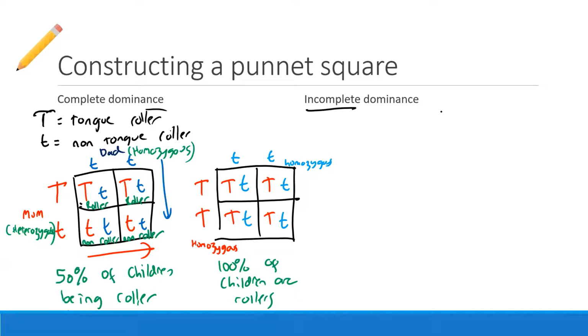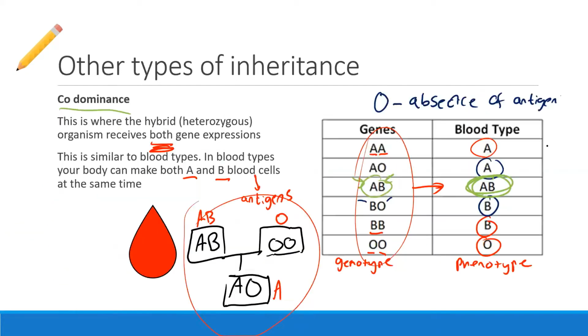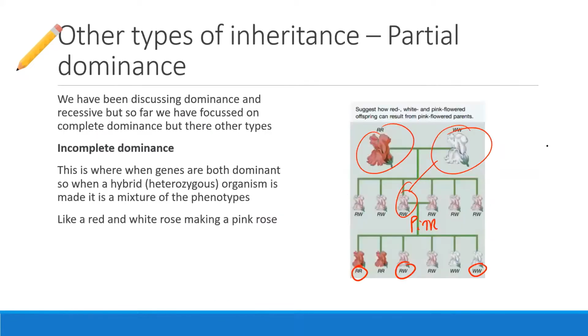We're going to look at, for the incomplete, R, and we're going to look at the red and white flowers again. R is going to be for red flowers, and W is going to be for white flowers. I'm going to go back for a second. We're going to look at just this section here.